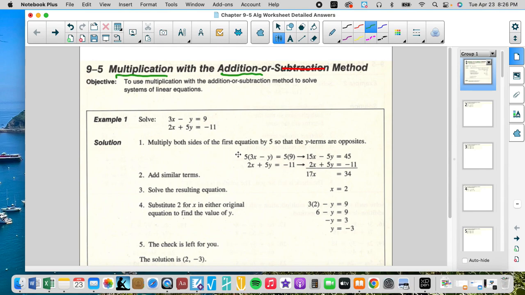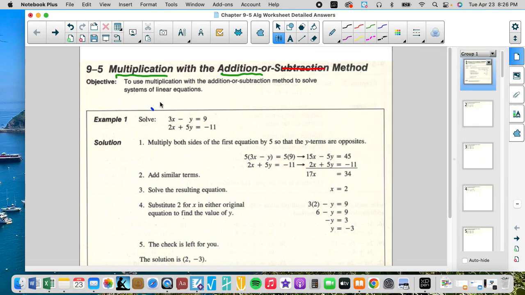We noticed that our overall objective here when we have these two equations is to cancel one of the variables. Which one's the easiest? We can cancel either the x or the y. If we choose to cancel the y, we would just multiply it by a 5.